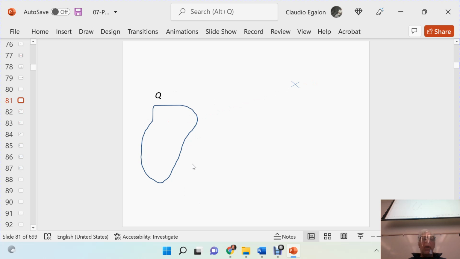Well, you treat this charge distribution as though it is made up of several infinitesimal point charges. Let's say a charge here at this spot will contribute an electric field at this position right here, electric field 1.